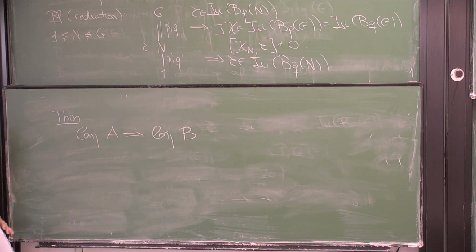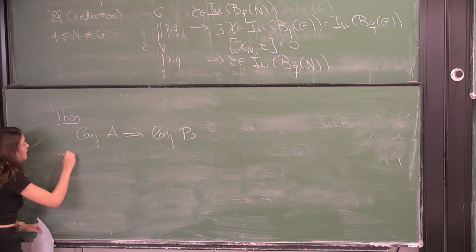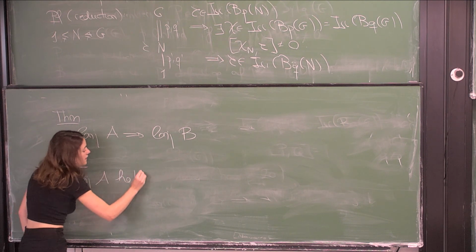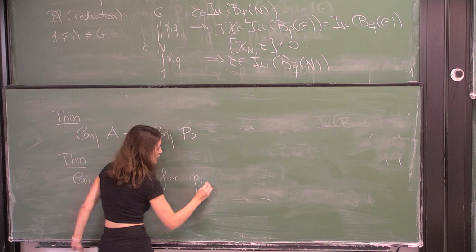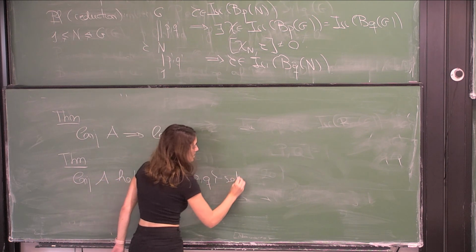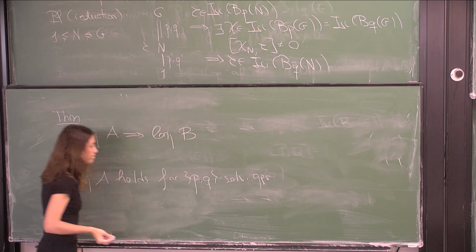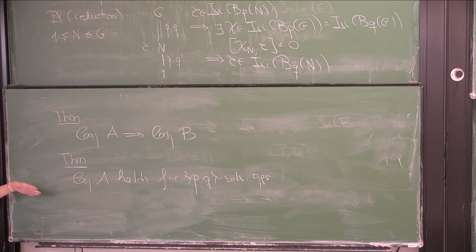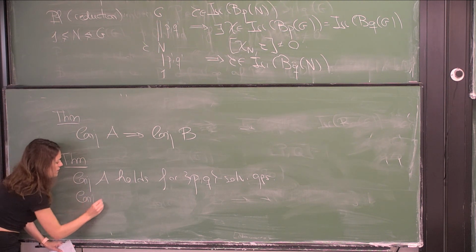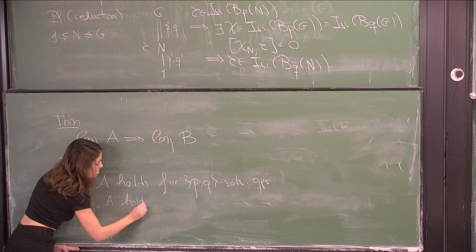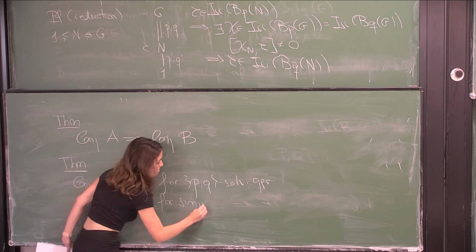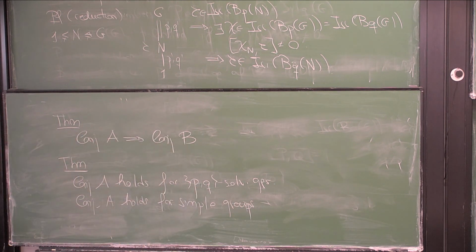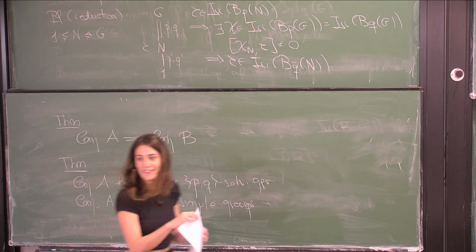So we prove that conjecture A holds for big groups of double groups. Actually, it's weaker than this, but it doesn't matter. And also for simple groups. So I think that this is it. Thank you.